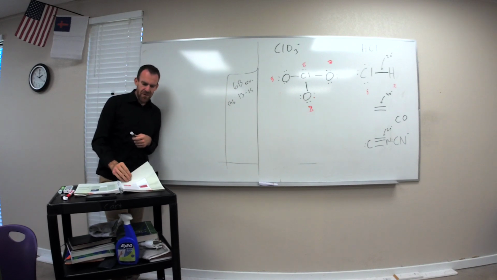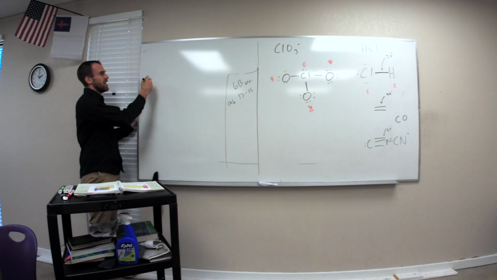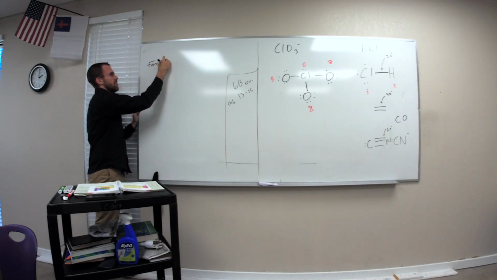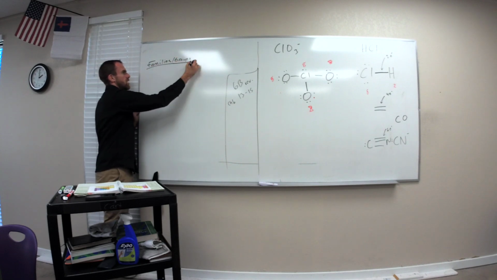All right, chapter 5. If I give you a periodic table, you should be able to tell me the following families or groups of elements.